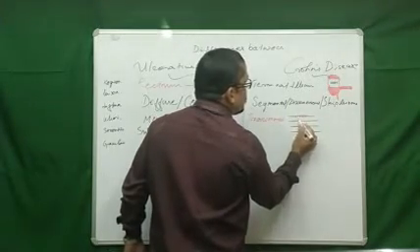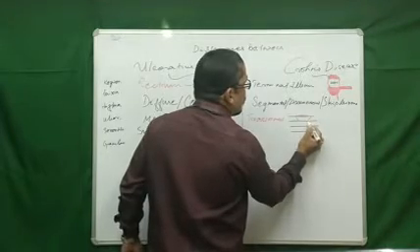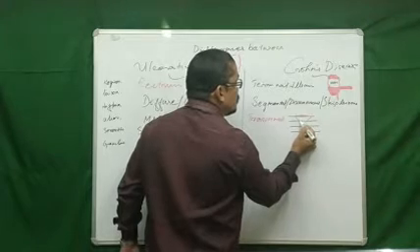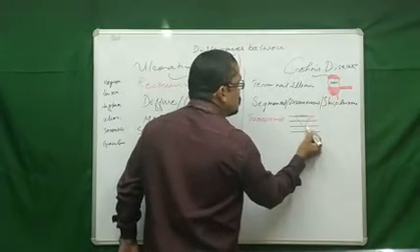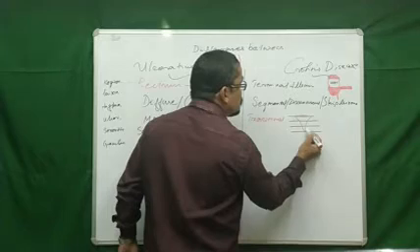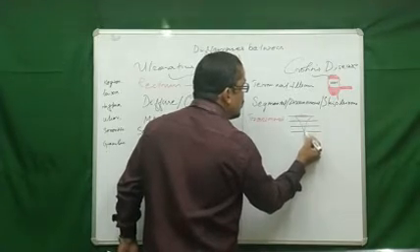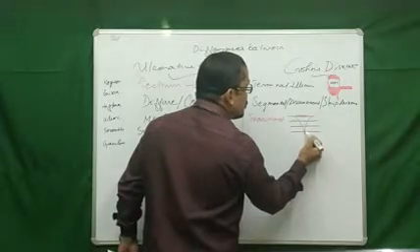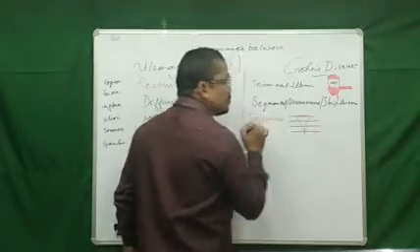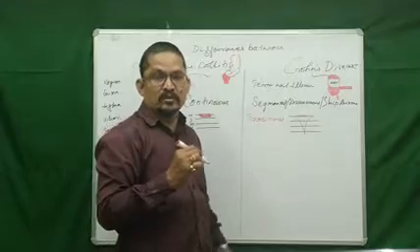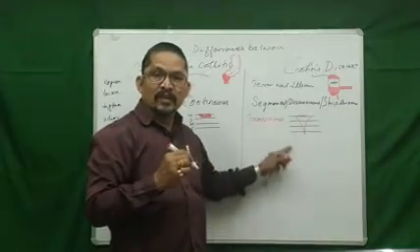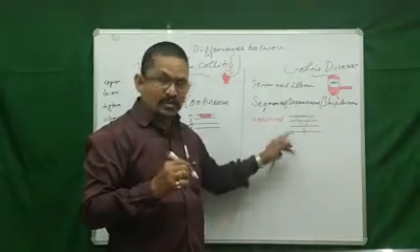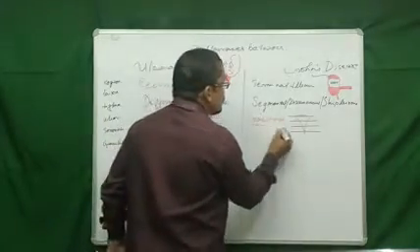Then, as the pathology advances, it will affect the submucosa, from the submucosa to the muscularis, from the muscularis to the serosa, and it can even penetrate and perforate beyond the serosa, and thereby affect the neighboring or adjacent viscera. That is why it is known as transmural.